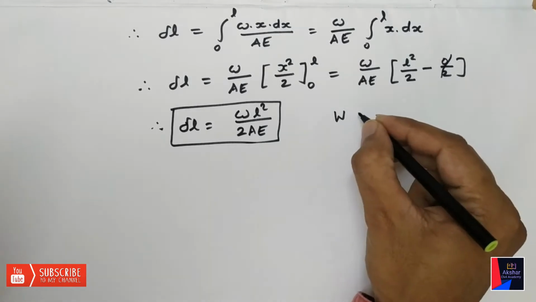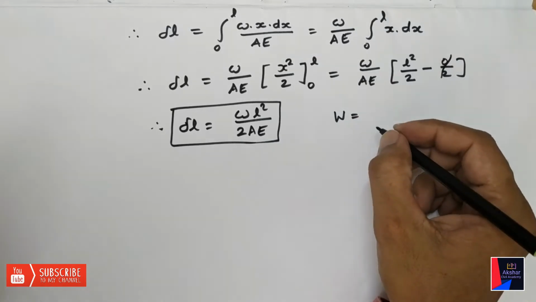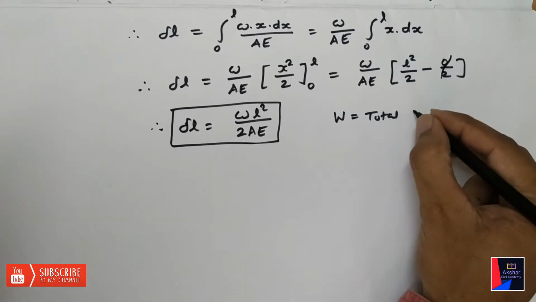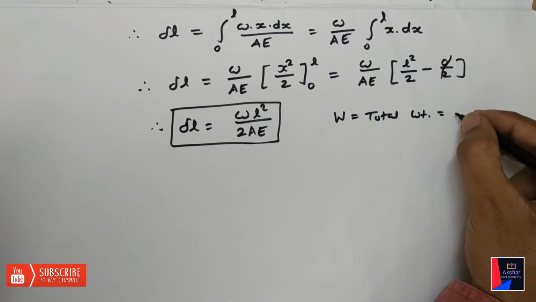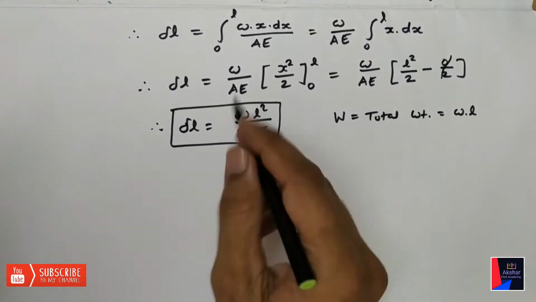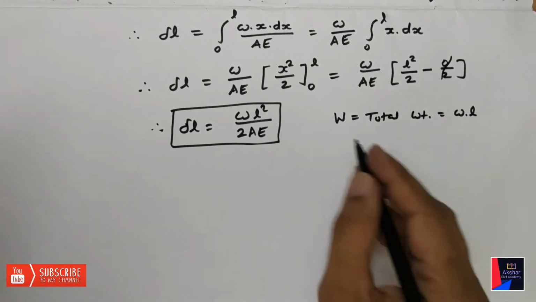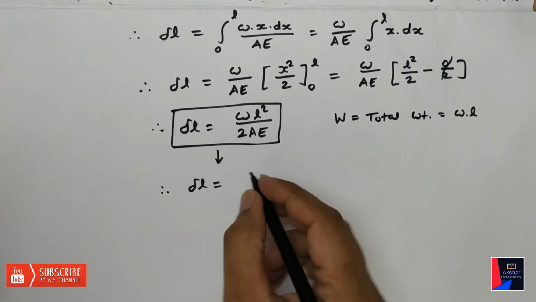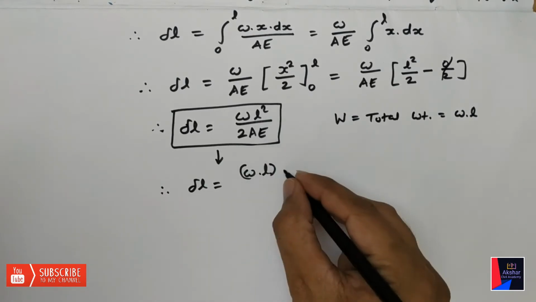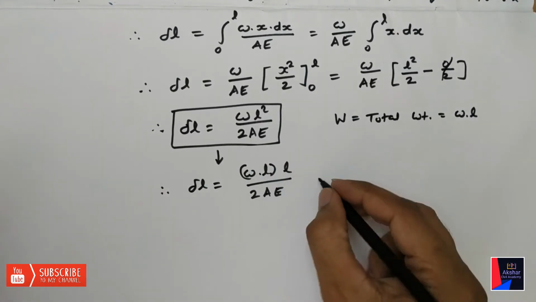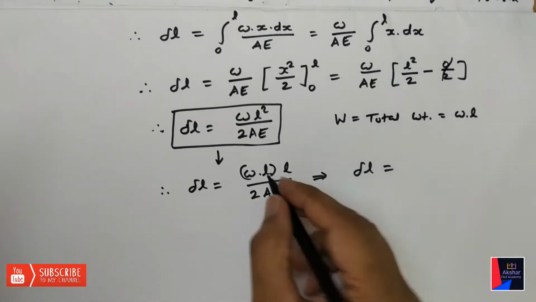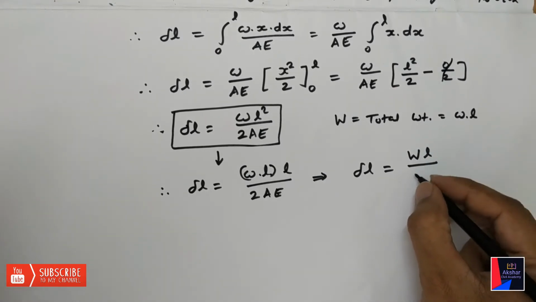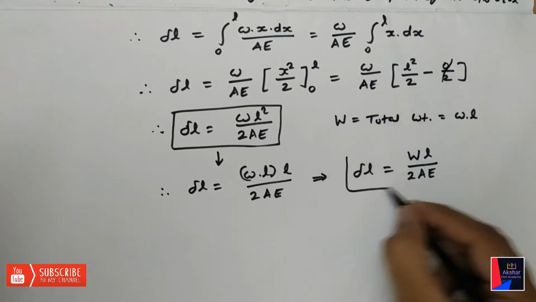The total weight can be denoted by capital W, and the total weight of the bar will be equal to w into L, because the total length of the bar is L. So we can write this equation in this way also: delta L is equal to W into L upon 2AE, where wL is the total weight, capital W. Clear?